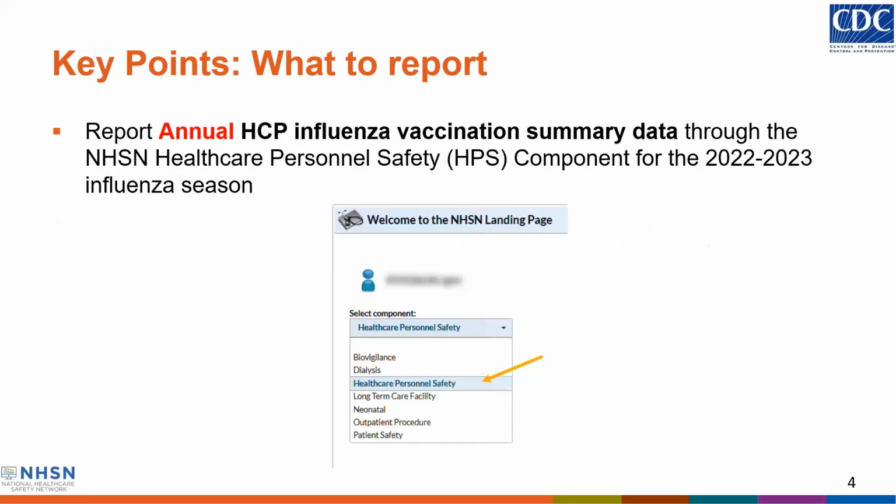Beginning with the 2022-2023 influenza season, facilities will need to report annual HCP influenza vaccination summary data. These data are reported through the NHSN Healthcare Personnel Safety component in NHSN. Please note that reporting weekly flu data does not satisfy the CMS requirement.